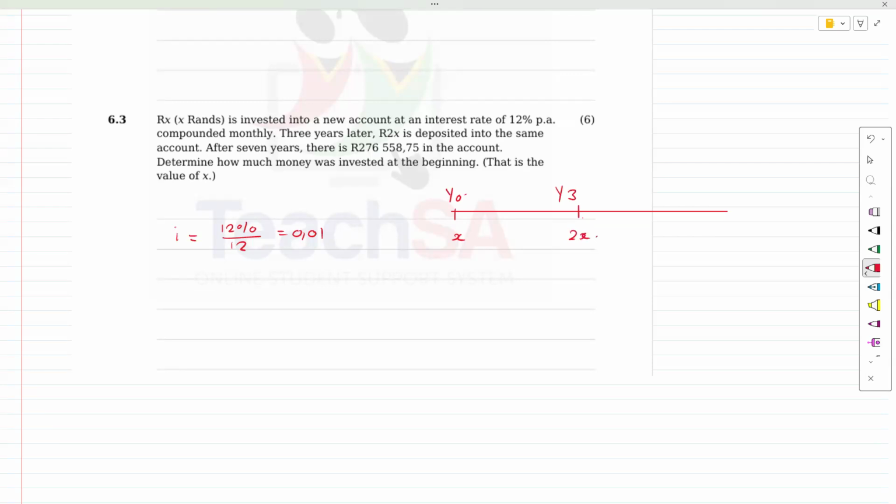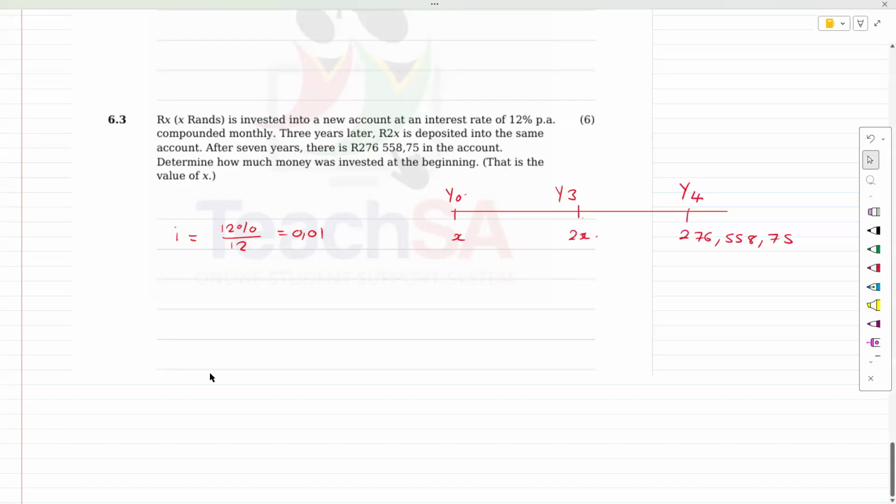And then after 7 years, so 0, 3, 7, this is 4 years more. There is 276,558.75 in the account. How much money was invested at the start? Tricky one.